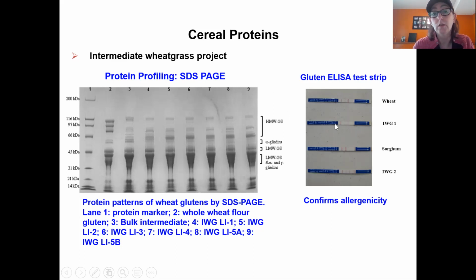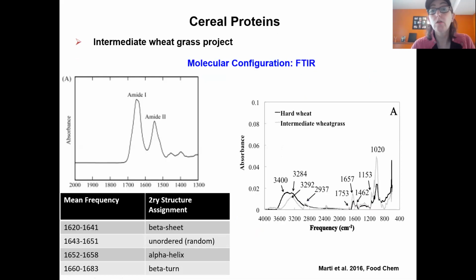So ELISA showed that it is positive in comparison to gluten-forming proteins in wheat. We tried to look at characteristics of the protein to determine, other than the presence of a higher gliadin to glutenin ratio, the formation of beta sheet and secondary structure in a dough.